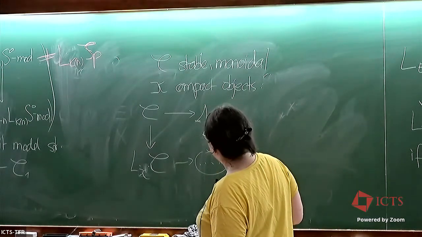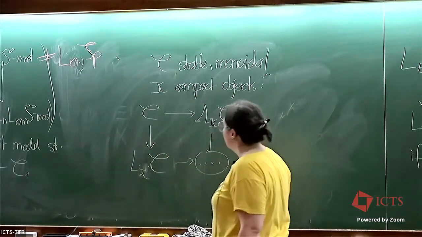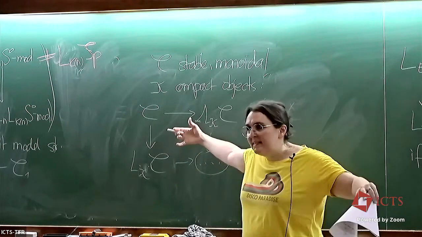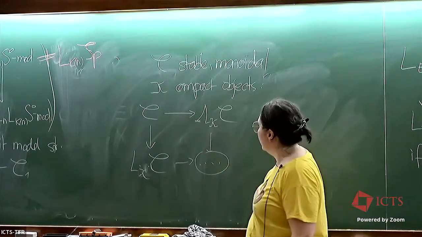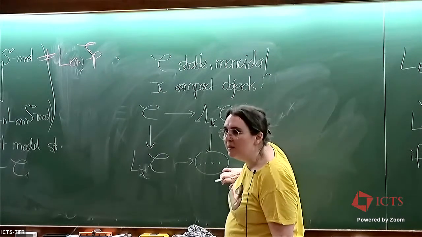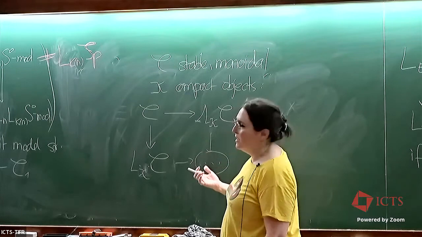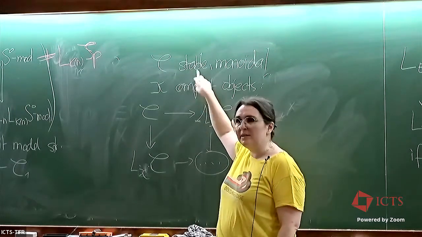So the philosophy is that for any pair C and K, you can split C up into a local and the complete part and the gluing part. And of course, depending on what you would like to do, you'd better pick your K cleverly.